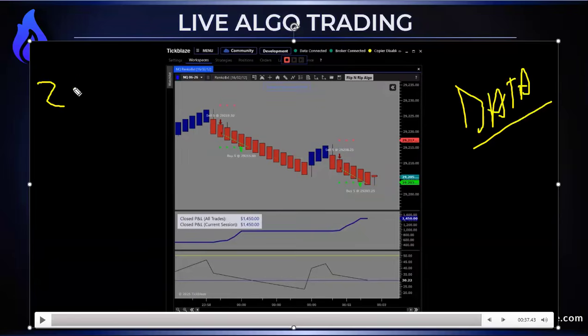Well, if I run the strategy and 2 to 1 says I make no money and 1 to 1 says I make all the money, then I should be trading 1 to 1, not 2 to 1. A lot of people are just guessing with their exits. Exits are the only way you make money. You don't make money on the entry, you make money on the exit. And if you do not have data to support the exit, you don't have a strategy.